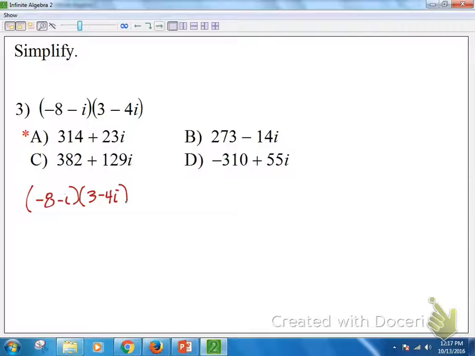Then we're going to FOIL or multiply, right? Distribute each of these. So negative 8 times 3 is negative 24. Negative 8 times negative 4i is positive 32i. Then we got negative i times 3 is negative 3i. And then negative i times negative 4i is positive 4i squared. Okay? Then we're going to start simplifying this.